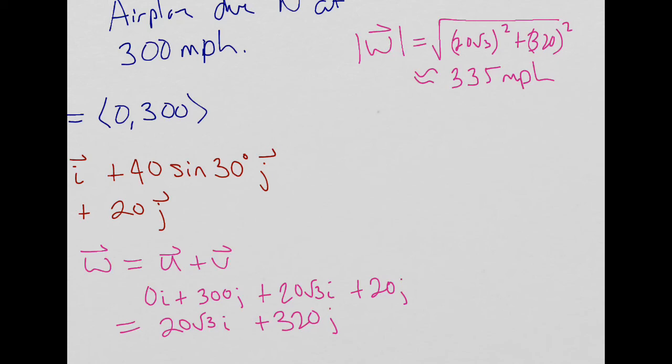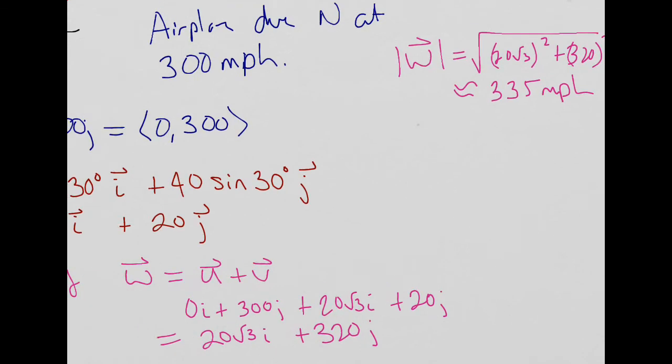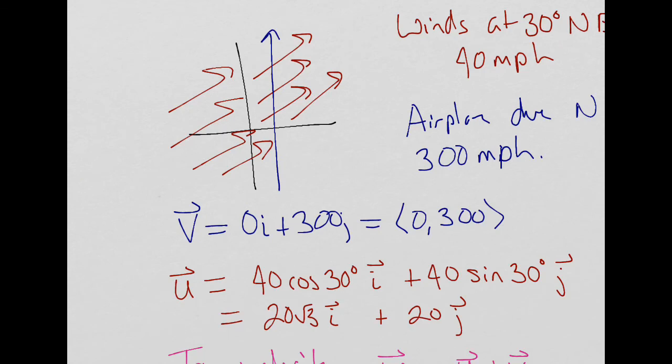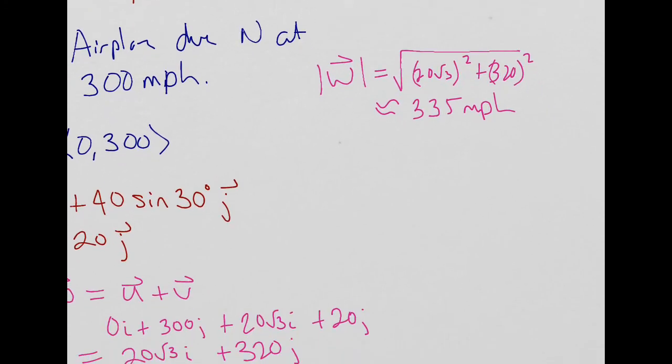So for this w, if I really want to know what the angle theta is, we'll go back to our original drawing. So I've got my blue line representing the direction of the airplane it was trying to go, and I'm probably going to get something like this for the actual vector that's telling me I know how fast it's going, but what's the actual direction? I'm going to need to compute an angle theta for that.